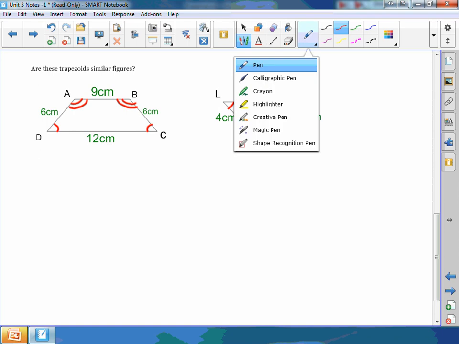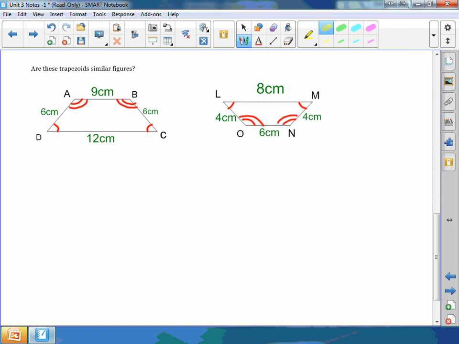All right, let's look at the ratios of the sides now, okay? So a pair of corresponding sides, just to use the highlighter one more time, AB corresponds with ON, right, or NO. So if I write the lengths of those as a ratio, I would say 9 centimeters to 6 centimeters.